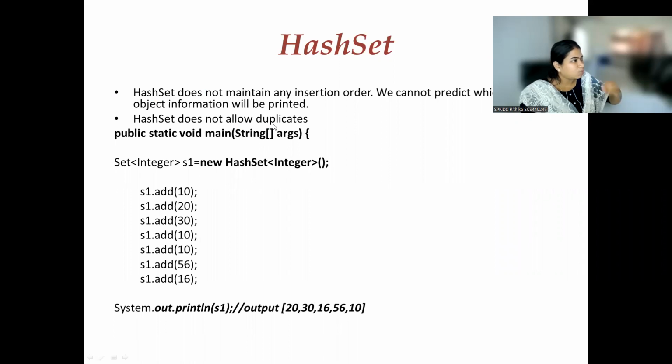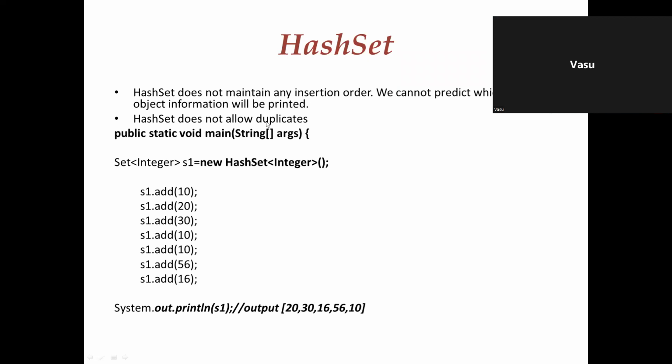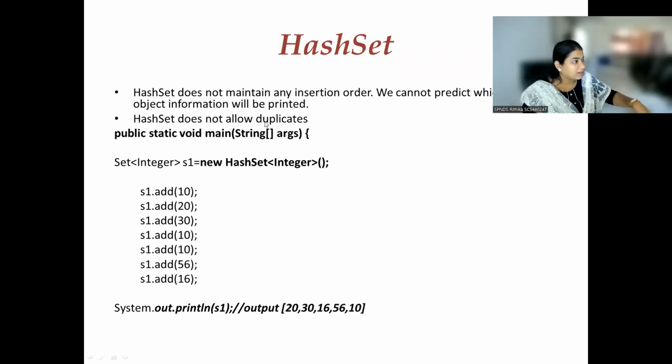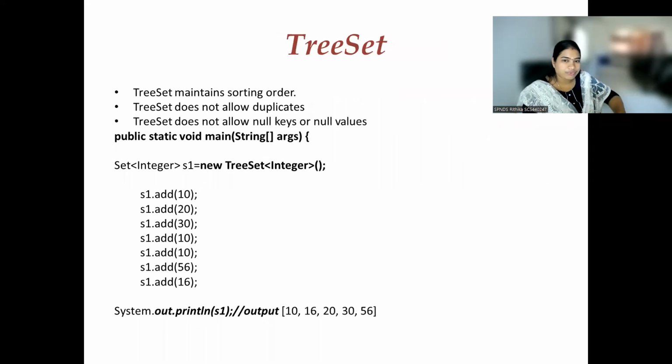So Set does not allow duplicates. HashSet does not have any insertion order. Whereas LinkedHashSet does not allow duplicates, however it maintains insertion order. Whichever order we have entered, that order it will be printed. Okay. Now, TreeSet.